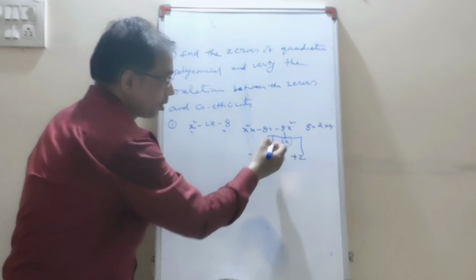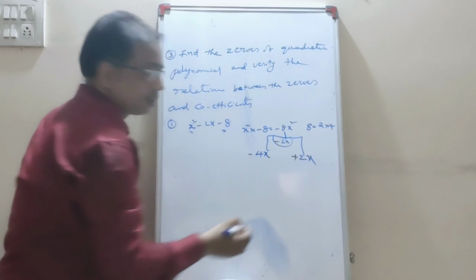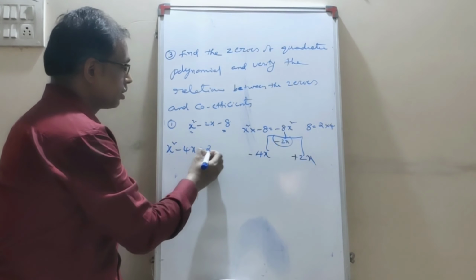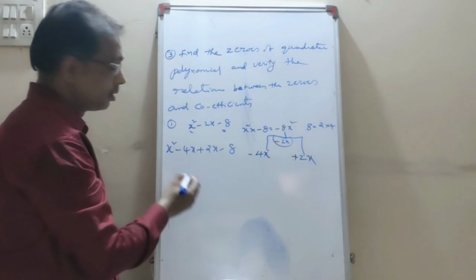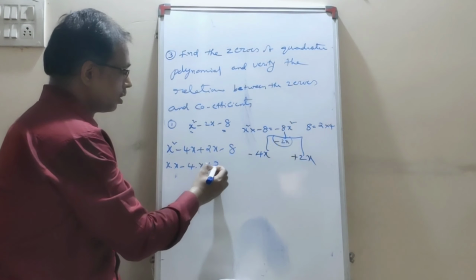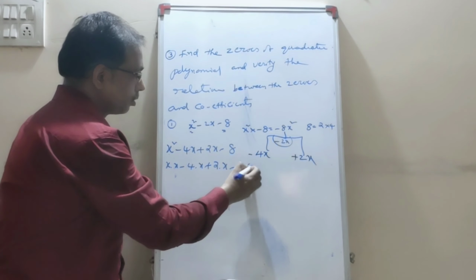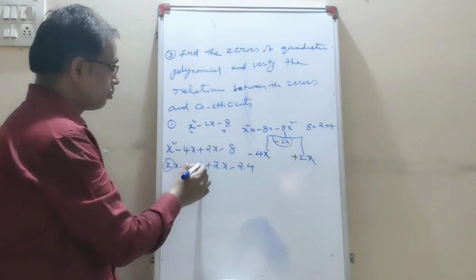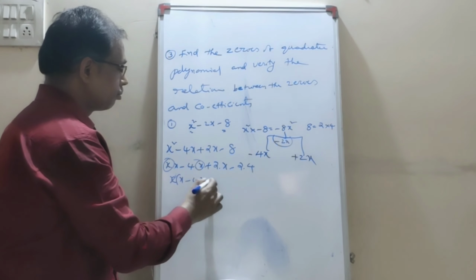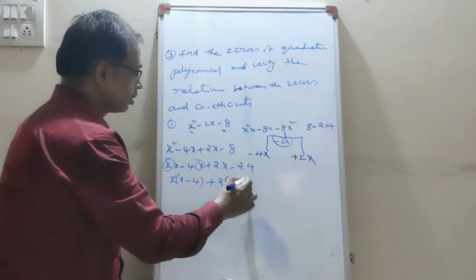So here we get minus 2x as minus 4x plus 2x. So we can write it as x square minus 4x plus 2x minus 8. So x square is x into x, minus 4 into x, plus 2 into x, minus 2 into 4. Now take x common from these two: x times of x minus 4 plus 2 times of x minus 4.